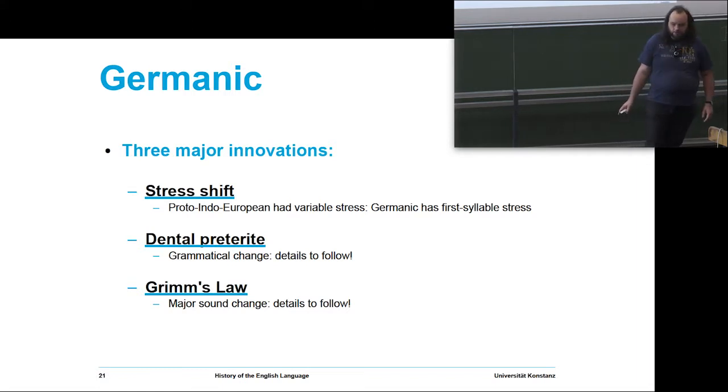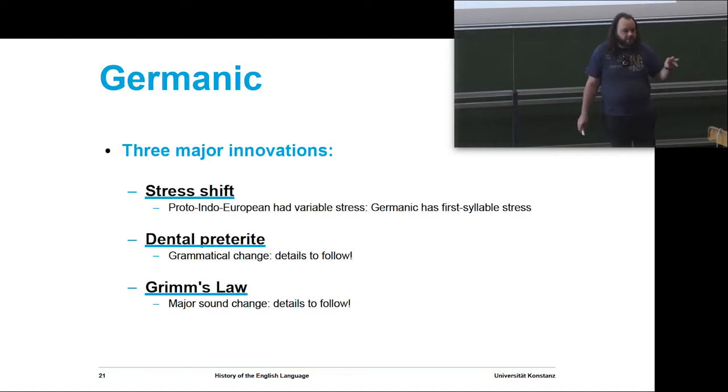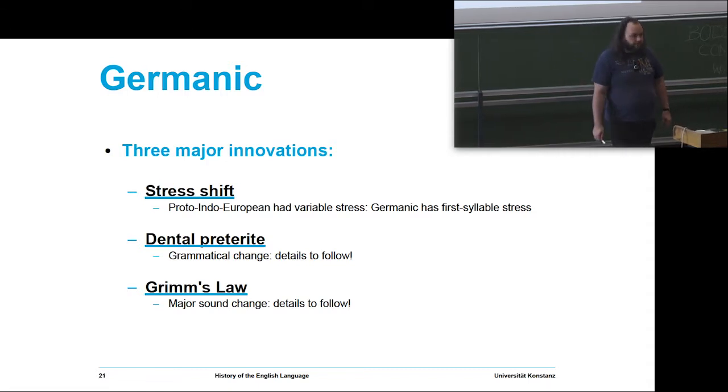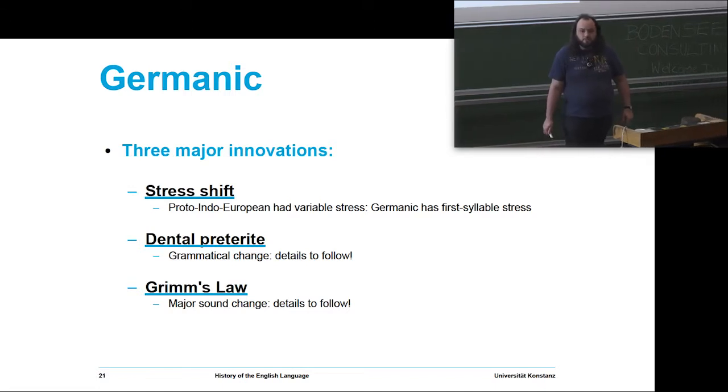So in Proto-Indo-European, the stress could go all over the place, depending on the words. In Germanic, the stress is on the first syllable. That's a strong property of Germanic that sets it apart from the other languages. So that's one of the three main reasons that we posit a Germanic subgroup. The second one is the dental preterite, and the third one is Grimm's law.